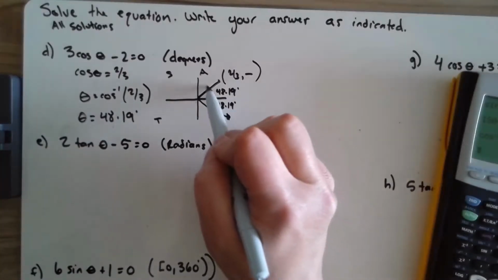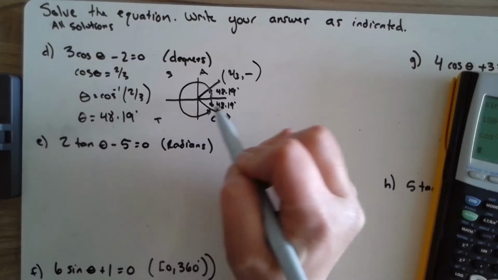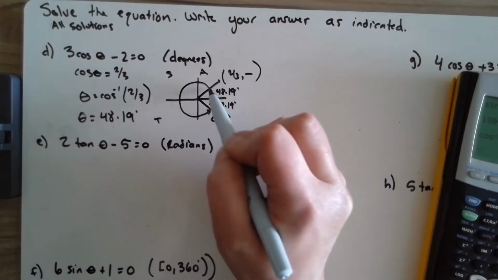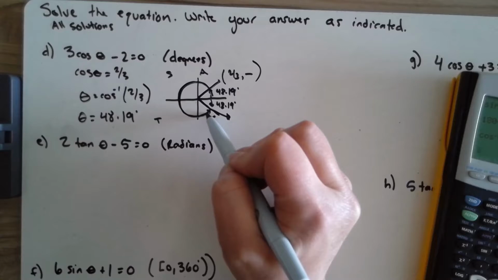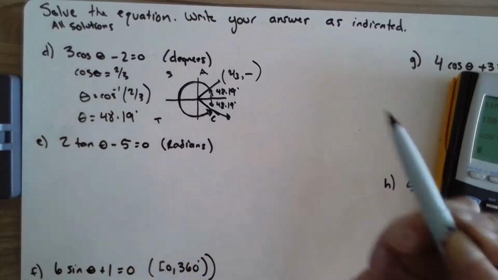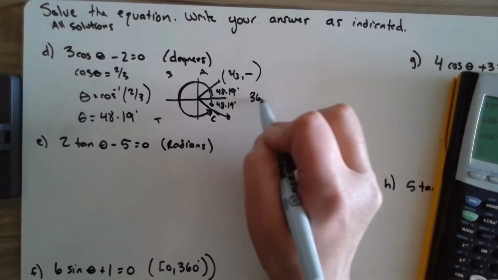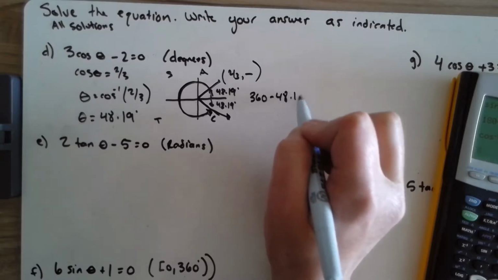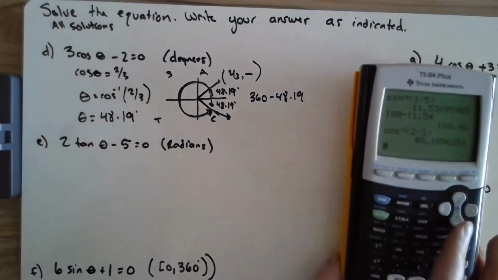So how do I get this angle right here? How do I figure out this obtuse, or not obtuse, it's obtuse, this very large angle? Well, if you said we could take 360 minus 48.19, you would be 100% correct.